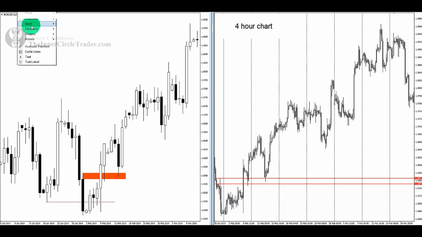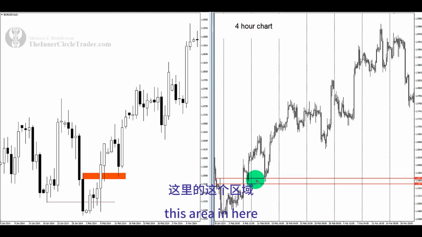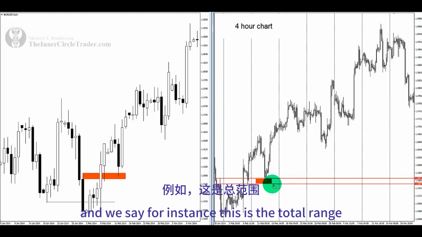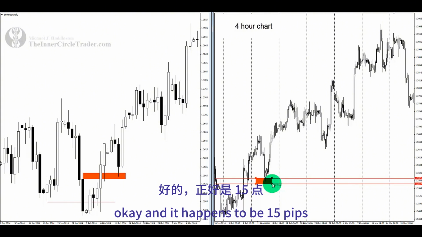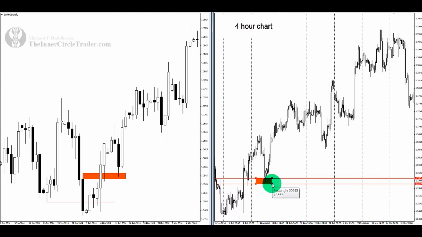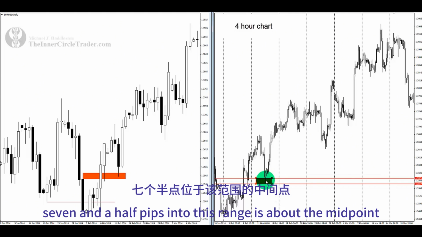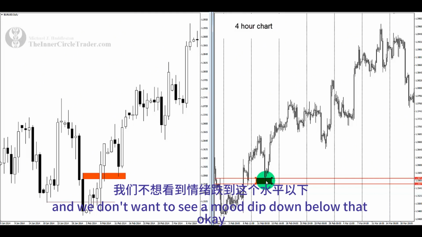If we take this area in here and say this is the total range, and it happens to be 15 pips, 7.5 pips into this range is about the midpoint, and we don't want to see a move dip below that.